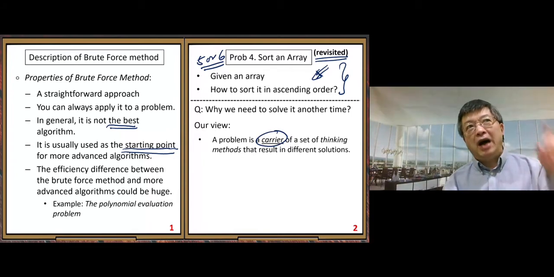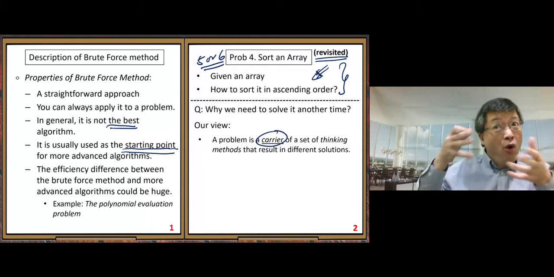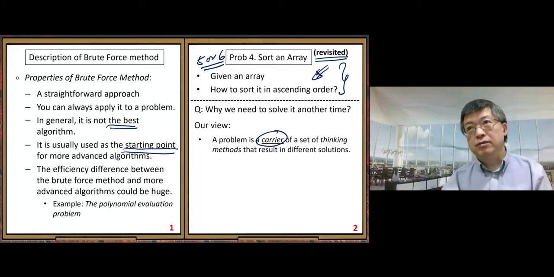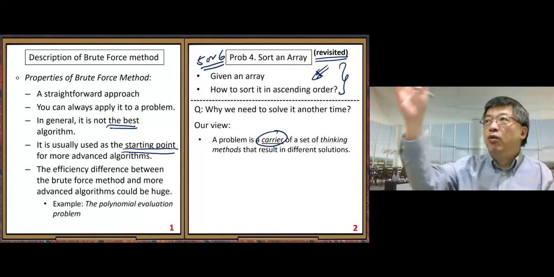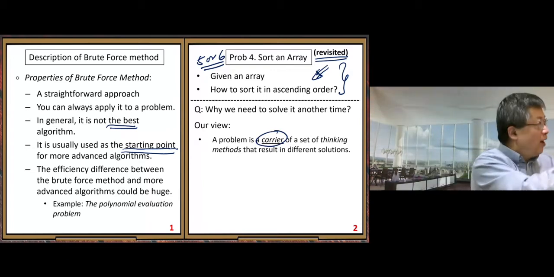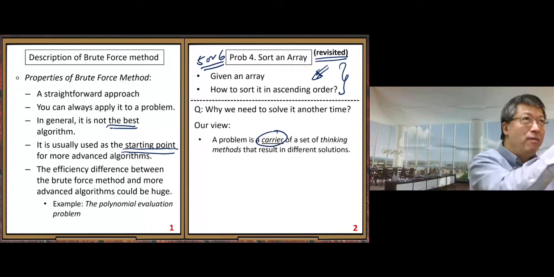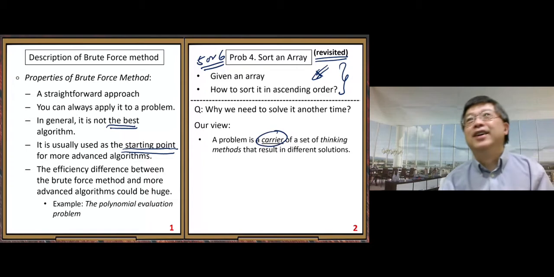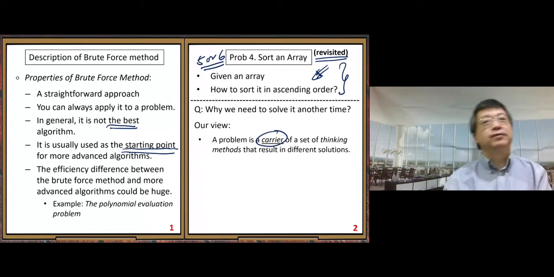After you learn it, you can store those 5 or 6 thinking methods using this one problem. Then, when you work on other computing problems, you can borrow 1 or 2 thinking methods from this carrier. Yes, that's the point.